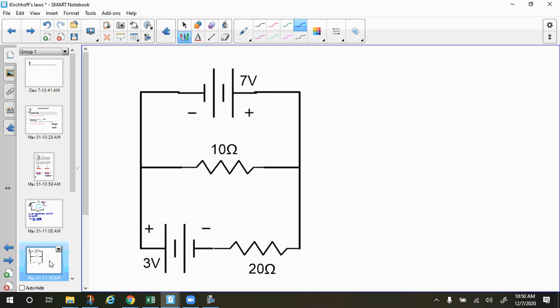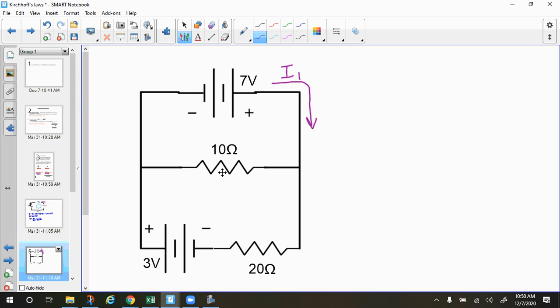So in this circuit, I have multiple branches, and I have 2 batteries. The first thing I'm going to do is assign my direction of current. So I'm going to call this right here I1, and this is the current in this whole branch here.